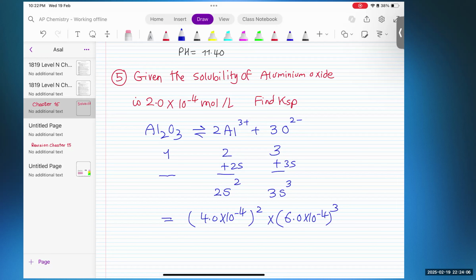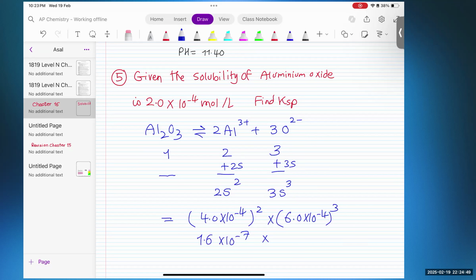I hope you are doing the same on the calculator, right? Yeah, I am. 10 to the power of negative 4, power 2, 7 multiplied by 3 to the power of 3.